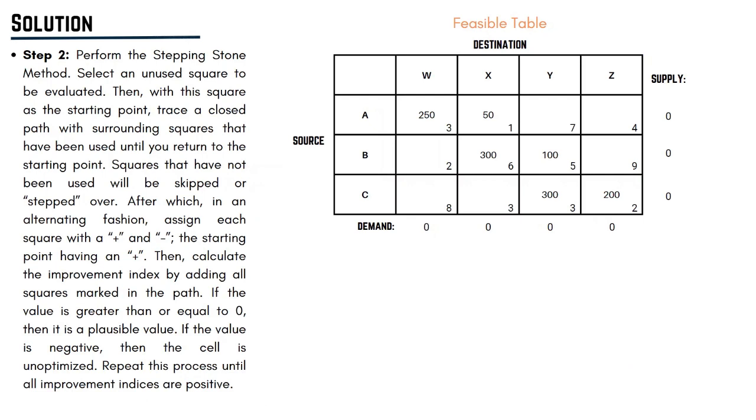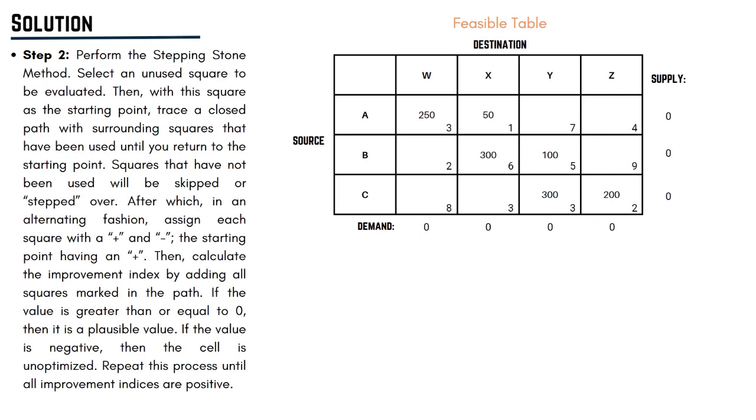So to begin with, we must now perform the stepping stone method. We select an unused square, any unused square, to be evaluated. Then with this square as a starting point, trace a closed path with surrounding squares that have been used until you return to the starting point. Squares that have not been used will be skipped over.